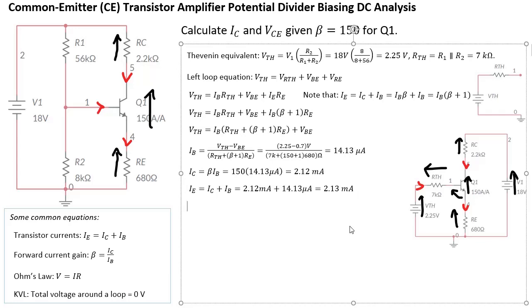Then we can work out the rest. Let's do VRC first. VRC is equal to IC times RC.